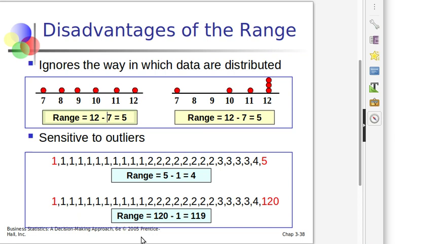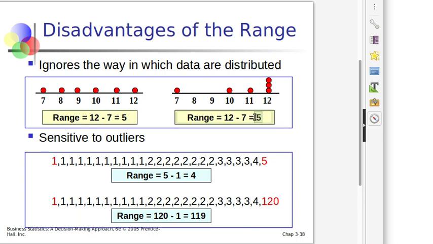It ignores the way in which data are distributed. You see here, number 12 has three counts. The frequency is 3. Here it is evenly distributed. Here it's not. But the range is still the same.